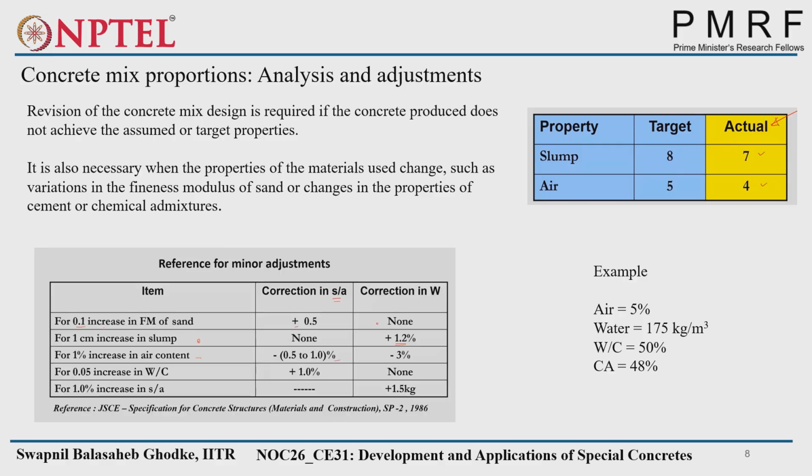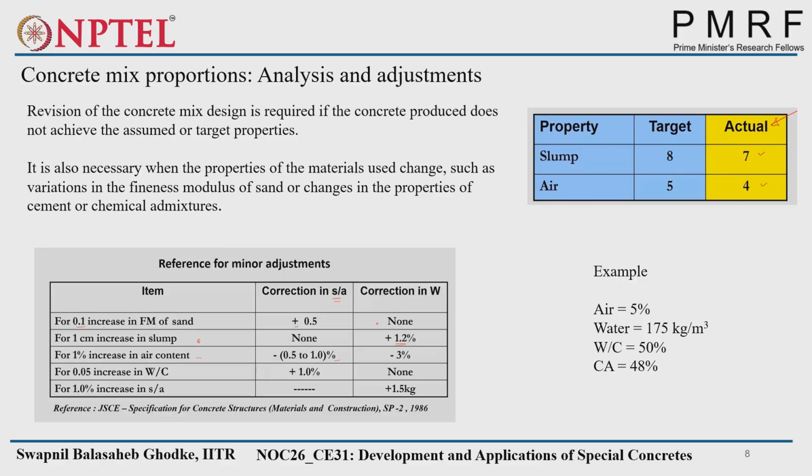Air content is 5%. So how much out of 1000 liter? 50 liter. Okay. Water is 175 kilogram per meter cube, so in liter it will also be 175 liter because specific gravity is 1. We got two values. Water to cement ratio is 50%, so how much cement will come? 350 kilogram, right?